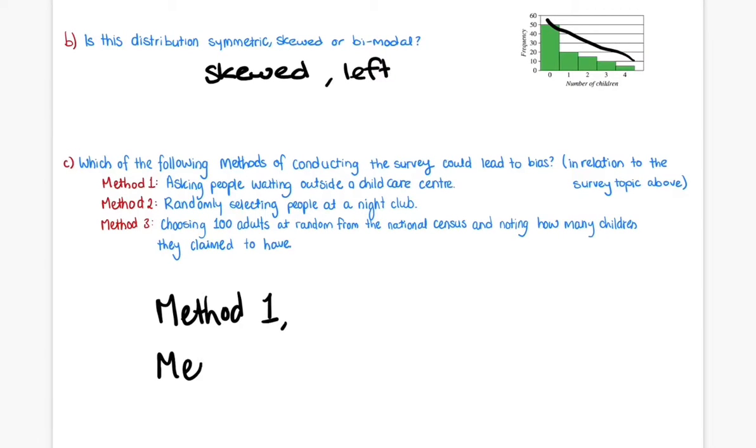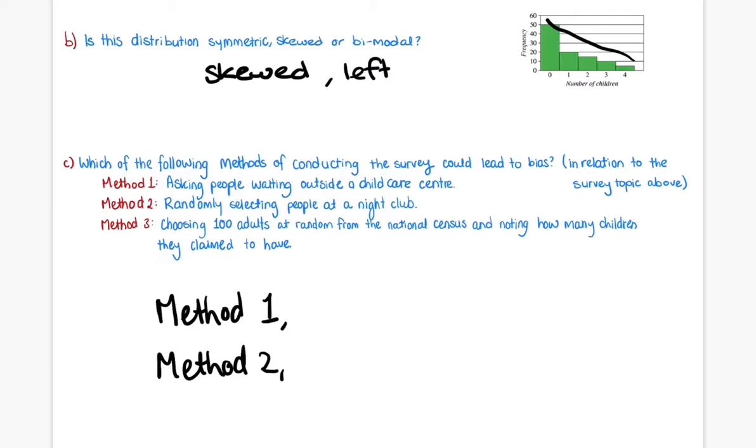You're often going to get a lot of younger people at a nightclub, and they're likely not going to have children because a lot of parents don't have time for it. Yes, some will take nights out, but you're not going to get a huge amount of parents, especially parents with 2 or more children, at a nightclub. So those 2 would lead to bias.